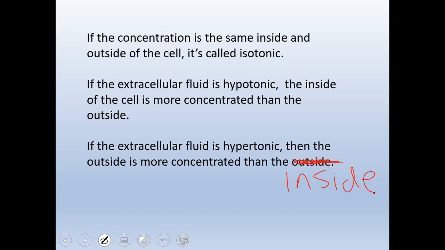Hyper, the outside of the cell is more concentrated, the inside of the cell is less concentrated. We did our example of our gummy bears and the clear adult beverages. And then ISO means the same. So that's optimally what we're trying to achieve, is that the concentrations are the same on the inside as well as the outside.